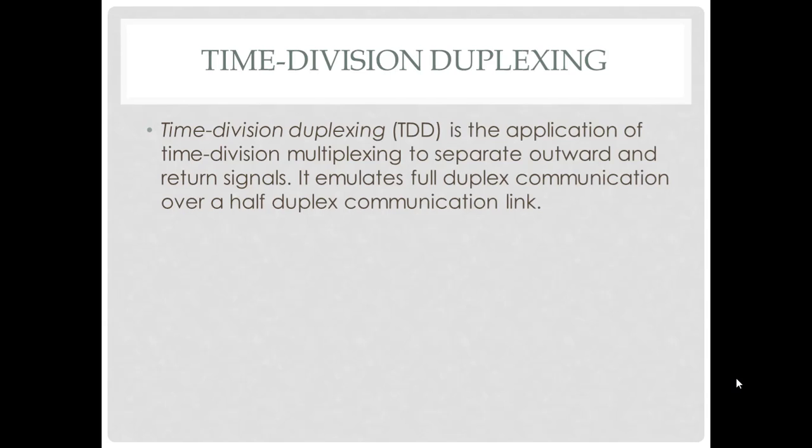Time division duplexing emulates full duplex communication over a half duplex communication link. It divides a data stream into frames and assigns different time slots to forward and reverse transmissions, thereby allowing both types of transmissions to share the same transmission medium.